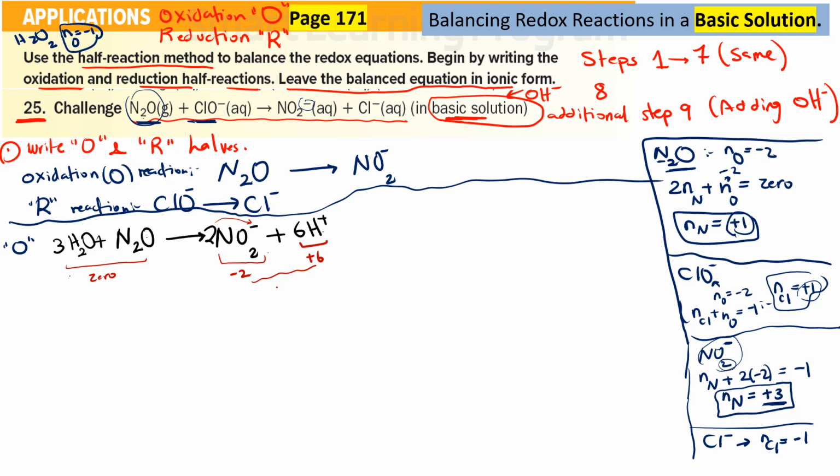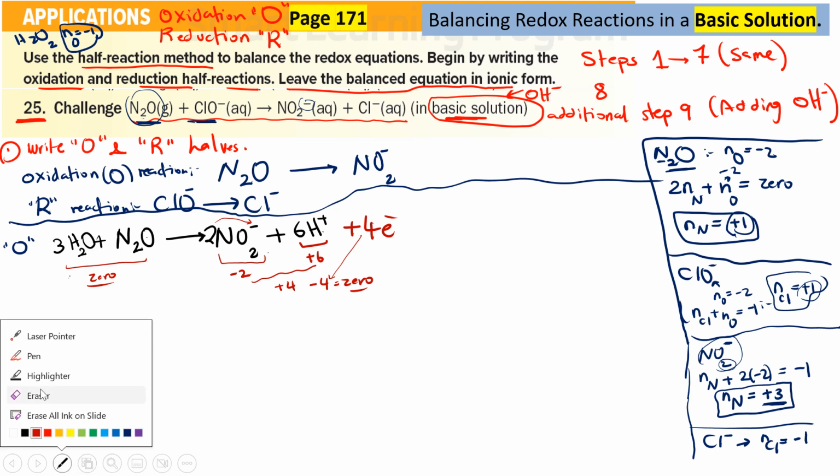So their sum is +4. This is oxidation, right? So when I add electrons to balance the charge, I need to add them in the product. So how can I make plus 4 equal 0? I'll just add 4 electrons, because this is oxidation, loss of electrons. So now with this one it will be minus 4, it is 0. So now they are balanced. Okay, so that's how it's done.